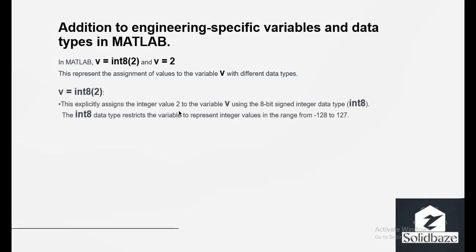Now, for the variable being declared with an integer of 8 bits, this explicitly assigns the integer value 2 to the variable v using the 8-bit signed integer data type, and the 8-bit signed integer data type restricts the variable to represent integer values in the range from minus 128 to 127.